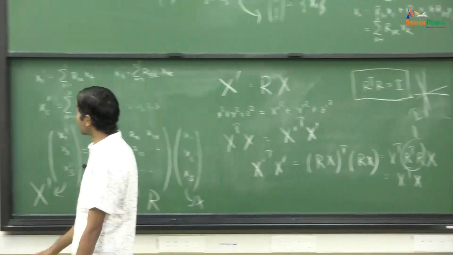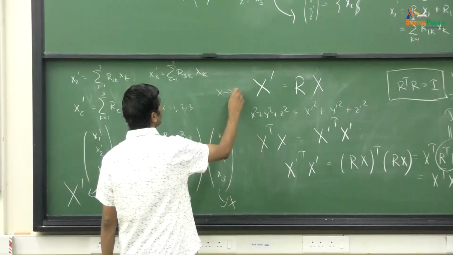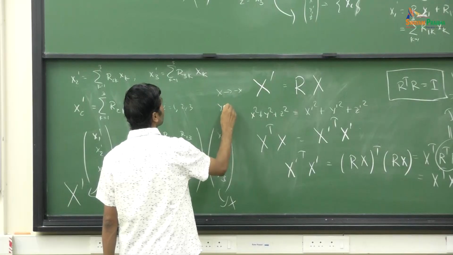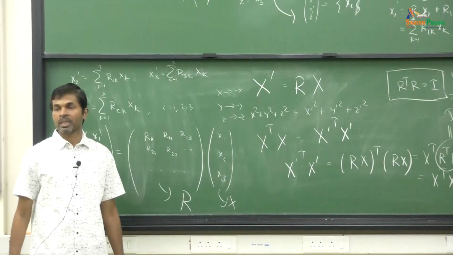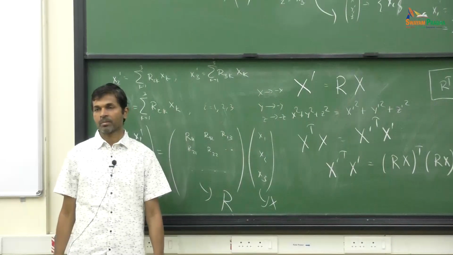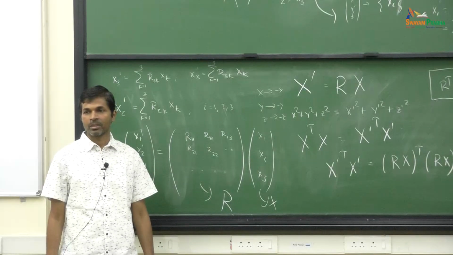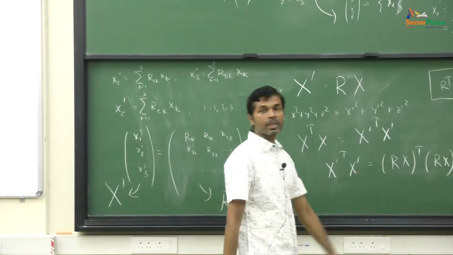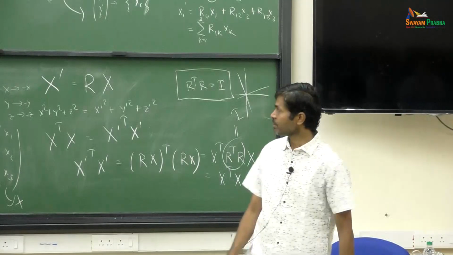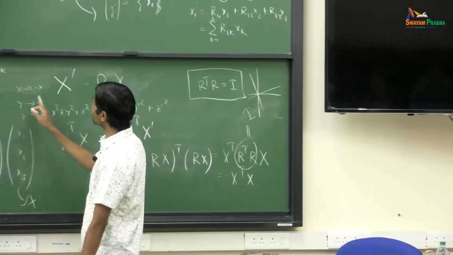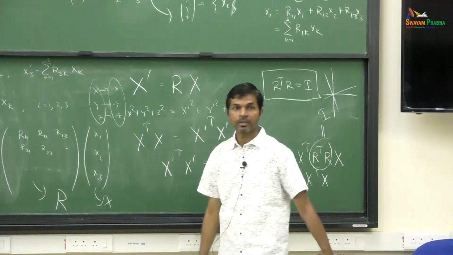So there are three ways you can reflect. You can change x to minus x, or y to minus y, or z to minus z. Okay, but they are not independent. They will all be related to one another by rotations. So rotations and reflections are basically orthogonal transformations. There is nothing else. But there is a main difference between this transformation and rotation.